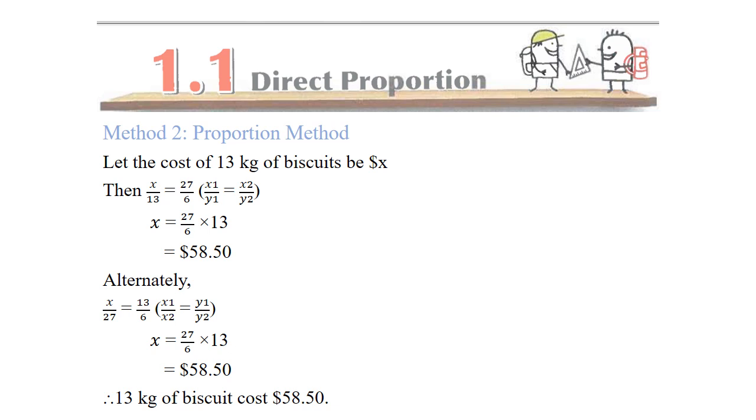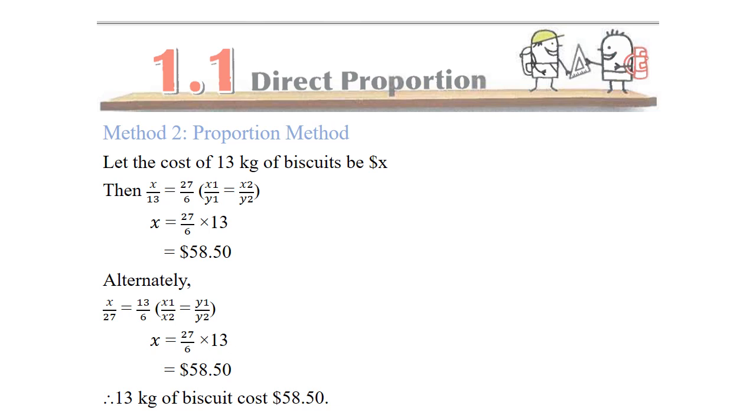So x1 can be set equal to x dollars and y1 is the mass of 13 kg. And we have x2 as $27, which is the cost of 6 kg of biscuits, and y2 as 6 kg.